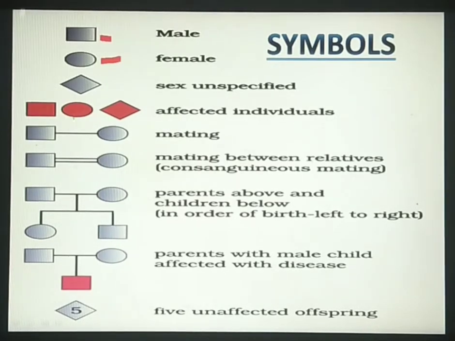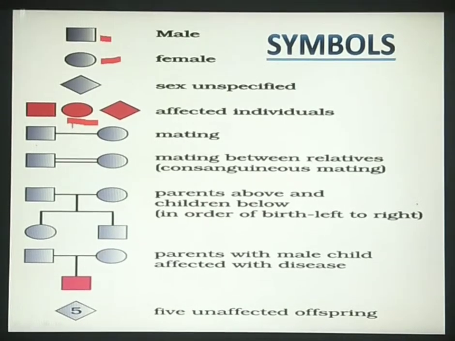Solid or shaded symbols, male, female, or any other individual whose sex is not specified, represent the individuals that are being studied with respect to that particular trait. It may be any particular characteristic or a disease which we are supposed to study. So those symbols will be shaded.